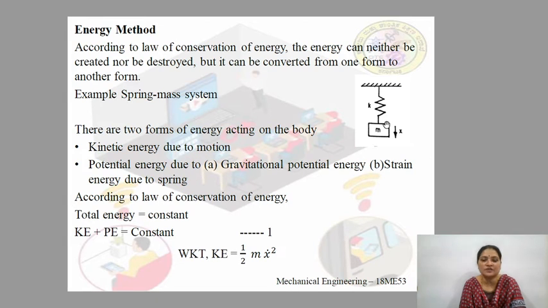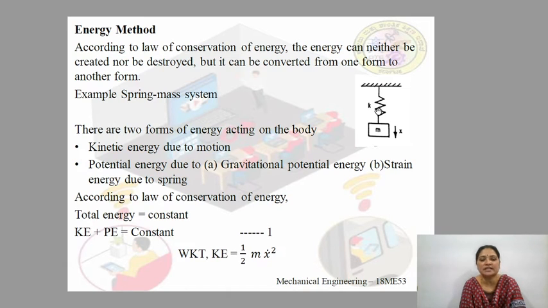Kinetic energy is due to motion. Potential energy is of two types: one is gravitational potential energy and the other is strain energy due to the spring.